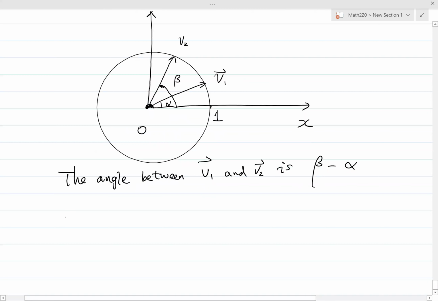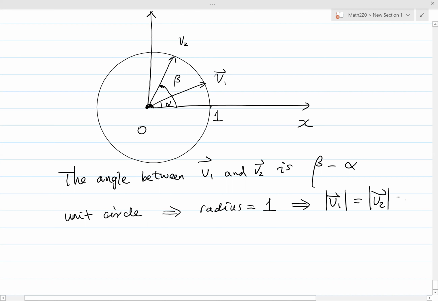Now this is the unit circle, which implies the radius is 1. So the magnitude of v1 equals the magnitude of v2, which is 1.